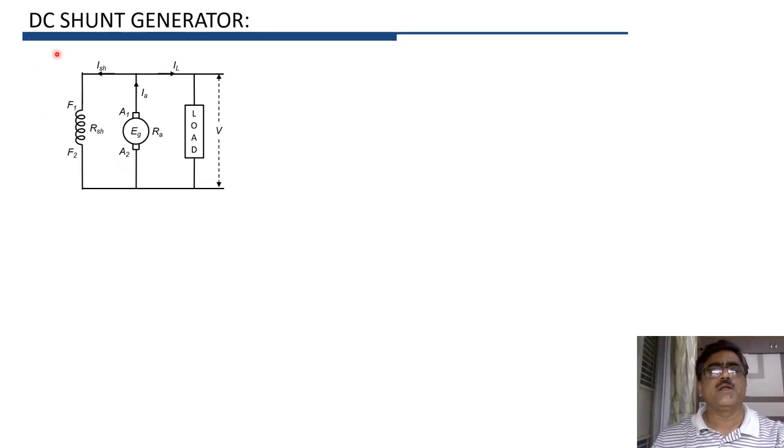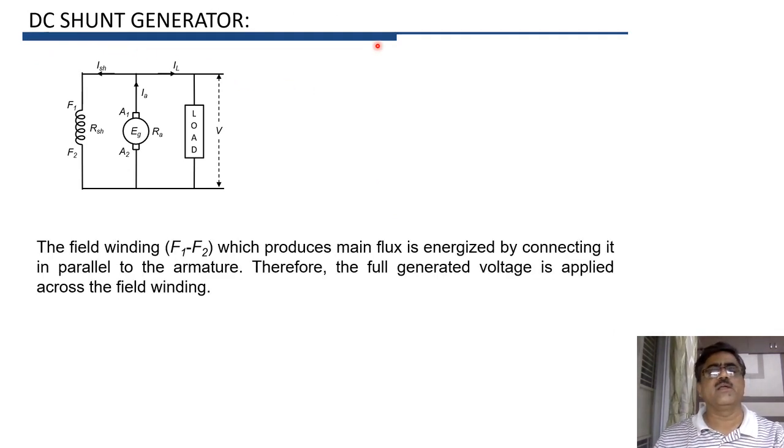Let us now study DC shunt generator. Now we have seen that in case of DC shunt generator, field winding and armature are connected in parallel. So here the field winding, that is F1, F2, is connected in parallel to A1, A2, and full generated voltage is applied to the field winding.